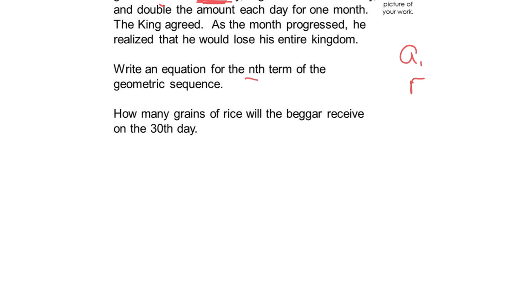So first day, I now know my first term is 1 grain of rice. My second day, it's doubled each time. So that means my r is 2. It told me right here that it's doubled each day, so that's what I needed.